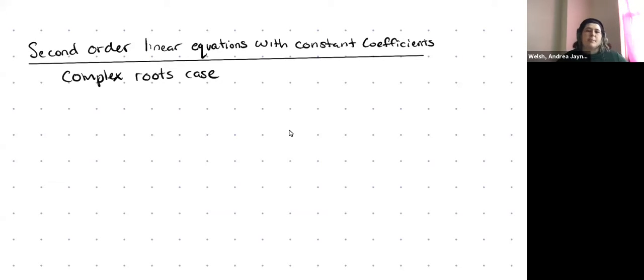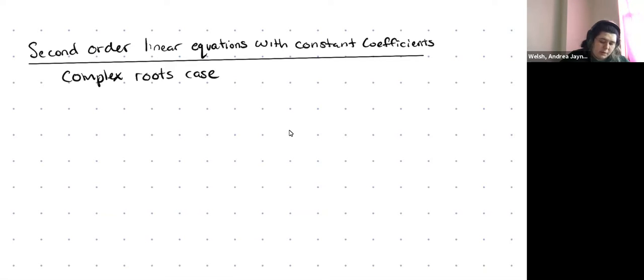Hello there. Now we're going to take a closer look at the complex roots case for our characteristic polynomial for the second order linear differential equations with constant coefficients.